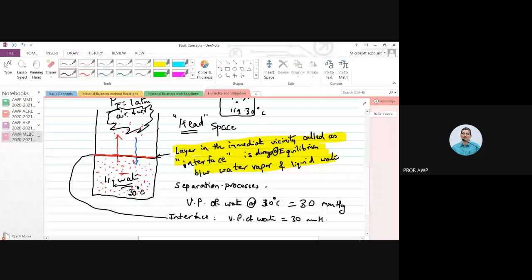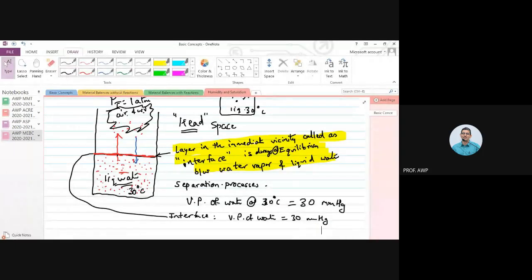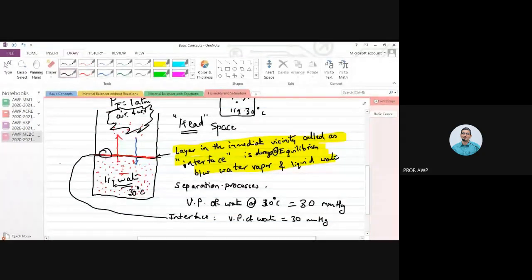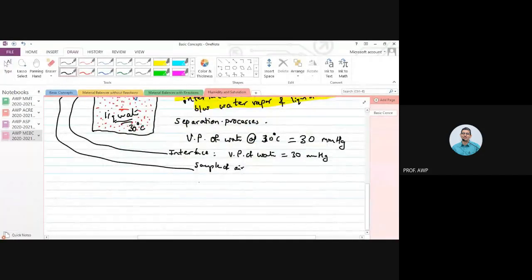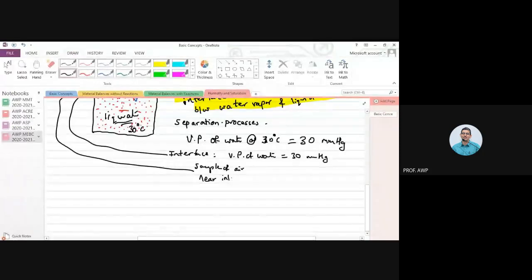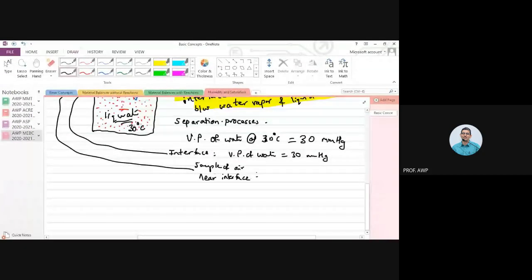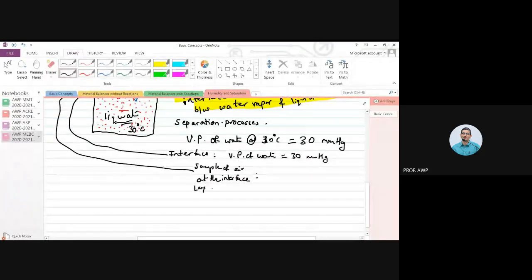Okay, now if I take a sample of air near the interface, so suppose I take a sample here, when I say near the interface, I should actually say at the interface, meaning layer immediately above the liquid water.